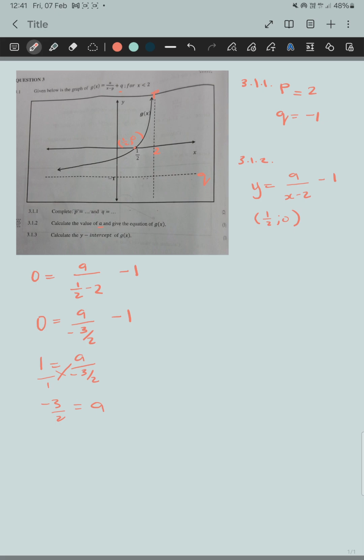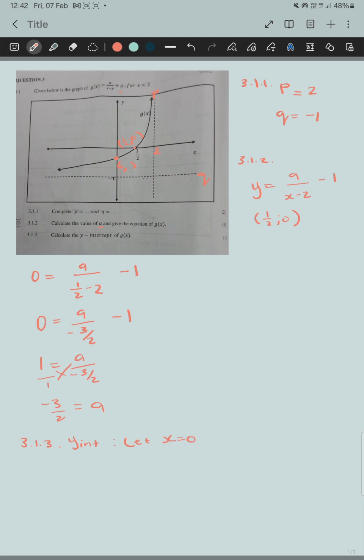Alright, the last thing is to find our y-intercept. 3.1.3, calculate the y-intercept of g of x. Where is the y-intercept? Here is the y-intercept where x is 0. So we know the value of x is 0. As we say, for the y-intercept, let x equal 0.